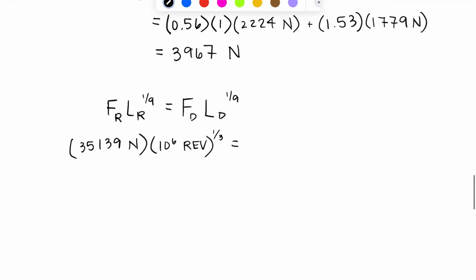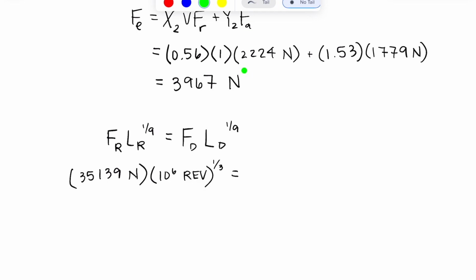Our desired load is this equivalent load that we just came up with. This is an equivalent radial load, so that's 3,967 newtons. And we are going to solve for the desired life. But remember, the question asks us to get life in hours, so I'm going to go ahead and do this conversion inside this equation.